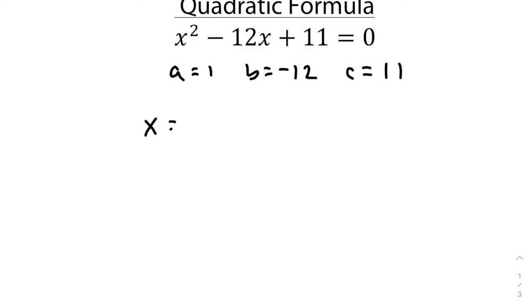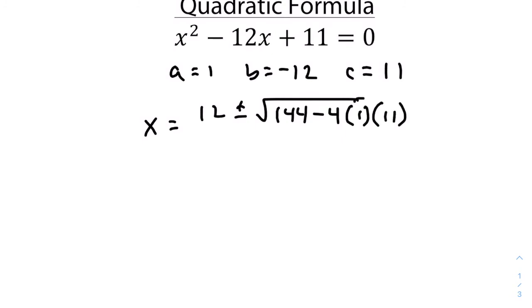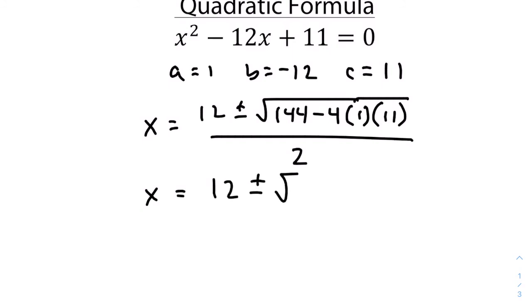So we have x equals -b, so that's going to be the opposite of -12, plus or minus the square root of -12 squared, which is 144, minus 4 times 1 times 11, all over 2 times 1, or just 2. Okay, so already complex, right? So we're going to keep simplifying.